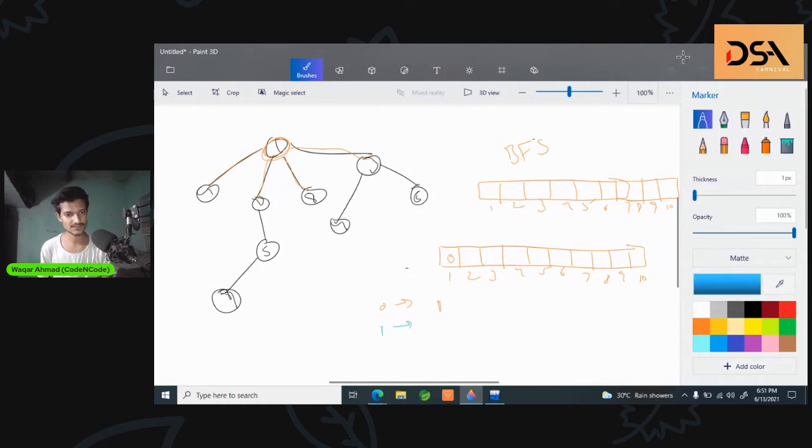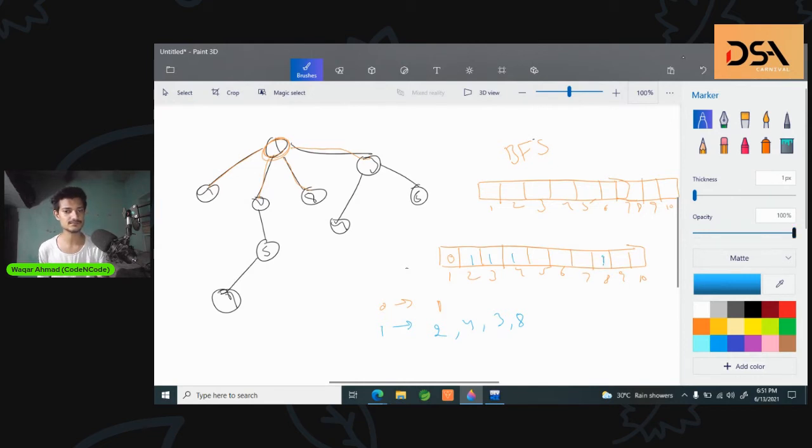So all of these nodes, which are nodes 2, 4, 3 and 8, are at distance 1, because from there to reach these nodes you have to take one edge. So nodes 2, 3, 4 and 8 are at distance 1.